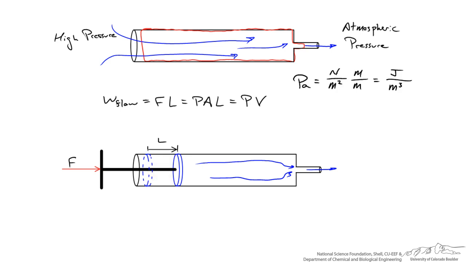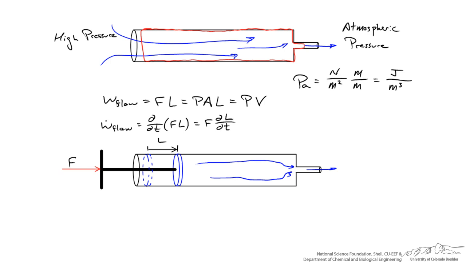Let's look at the rate at which flow work was done, and we'll call it W flow dot, and that will equal the time derivative of the force times the length. And if we say that the pressure is constant, or consequently the force is constant, I can pull that out of the derivative, and I've got the force times the derivative of the length with respect to time.